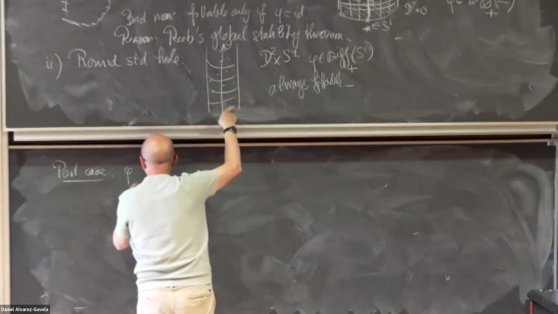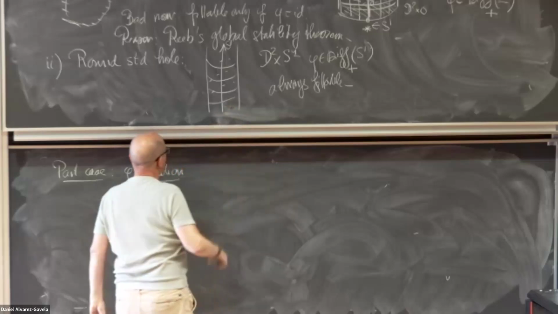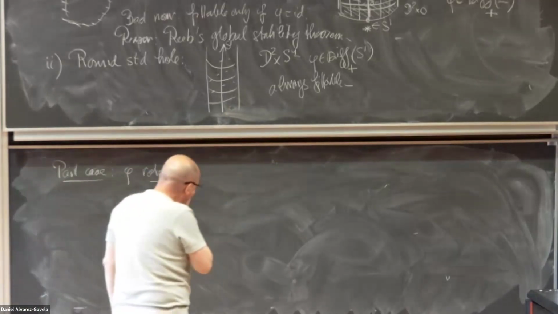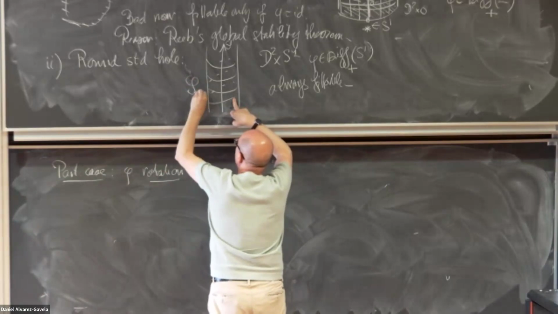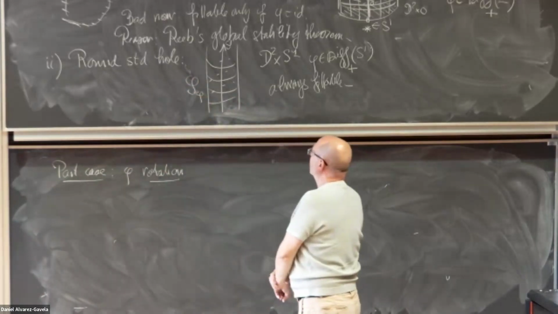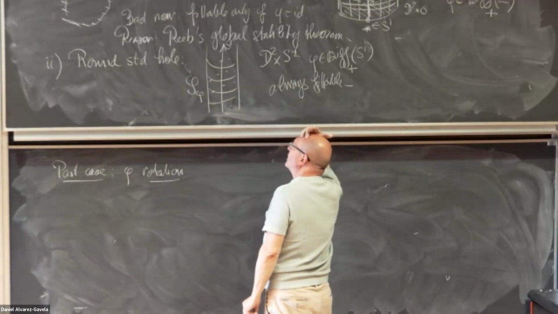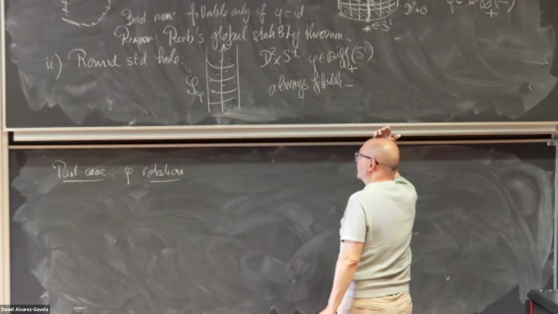That is, phi is a rotation of the circle. In that case, on the boundary torus, this foliation by lines is the suspension of phi.